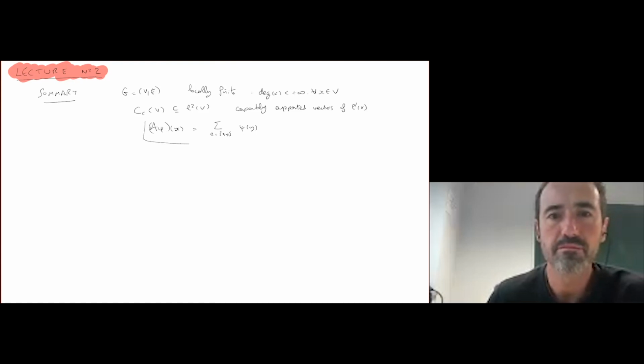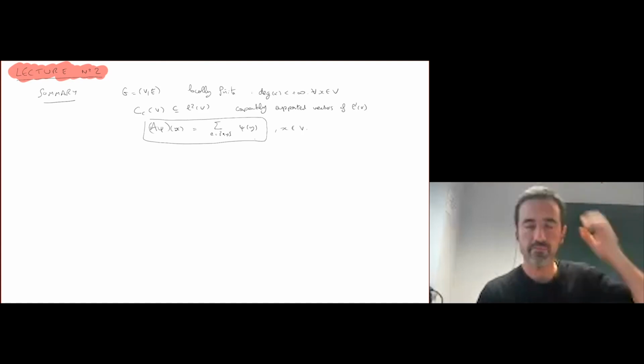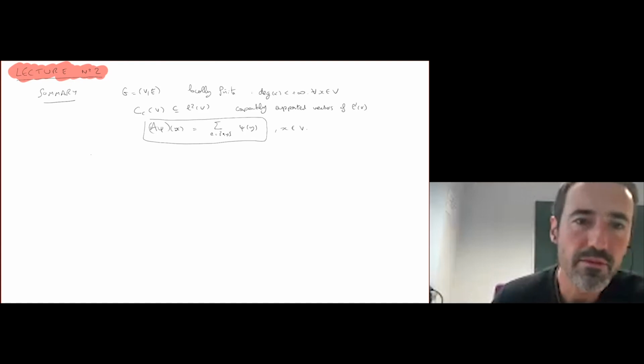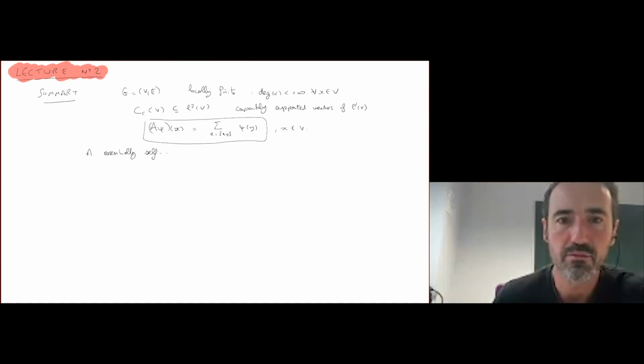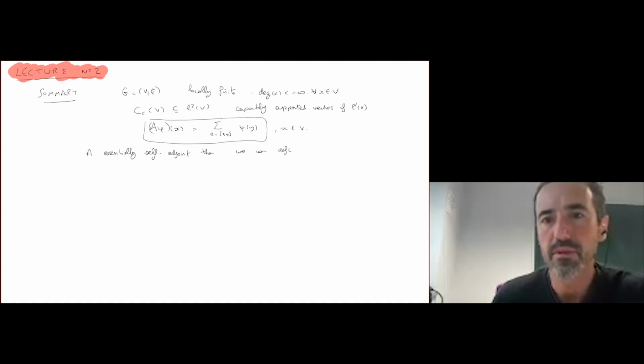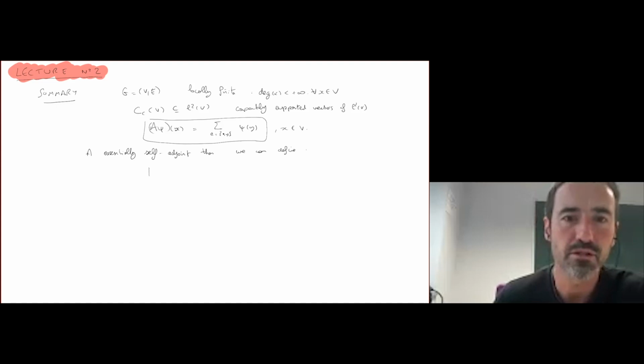By this formula, okay, so this is for x in V. And when this operator happens to be essentially self-adjoint, which is the case that we should focus on when the degrees are bounded, then we can define a probability measure, the spectral measure of a vector phi of compact support.